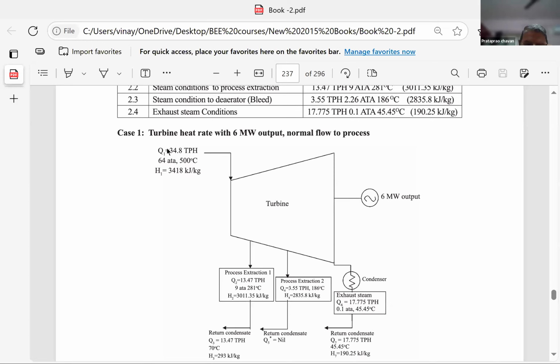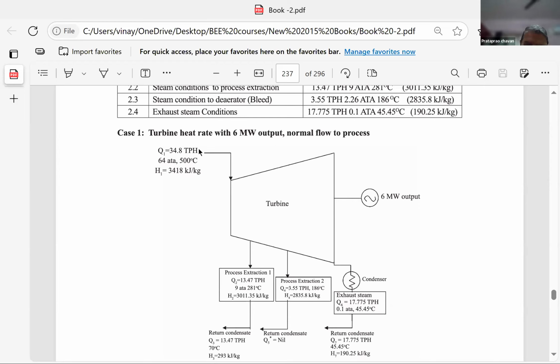Always convert it into kgs per hour of fuel because the gross calorific value is always given per kg. If you multiply the tons directly by the gross calorific value, your figures will go wrong. You will have to first convert it into kg, multiplied by 1000, 34.8 multiplied by 1000 multiplied by gross calorific value. That is the heat input.